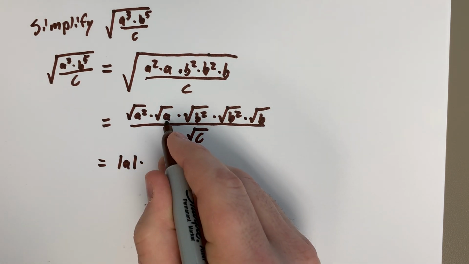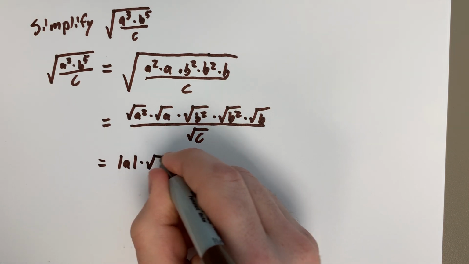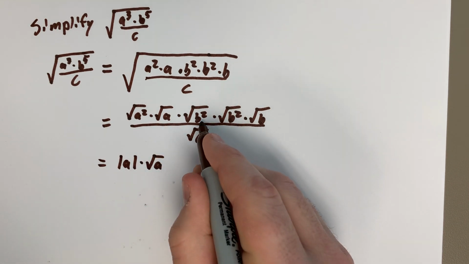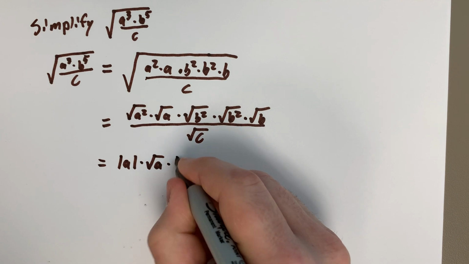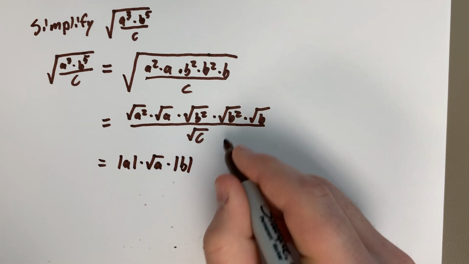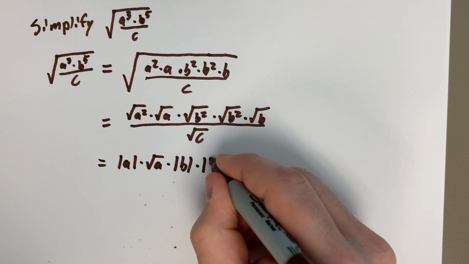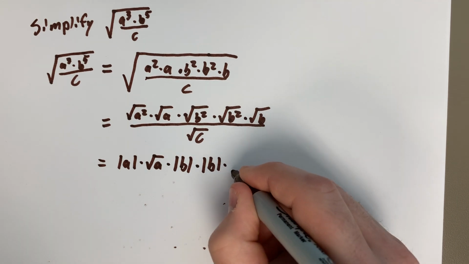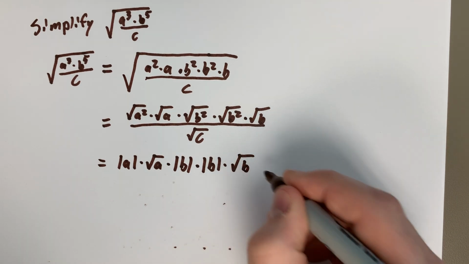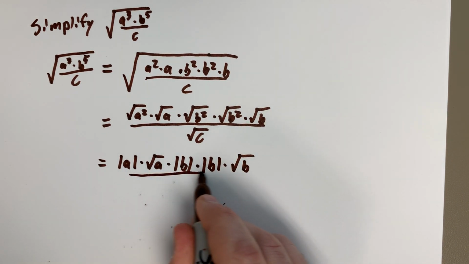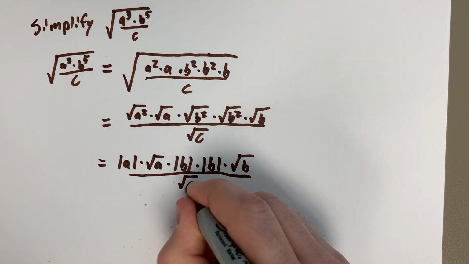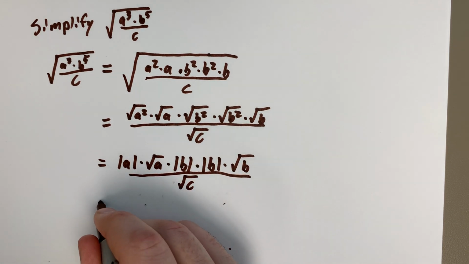Well, we have a square root of a here. Can't break down that a anymore, so we're stuck with square root of a. B squared square rooted. We need an absolute value of b. B squared square rooted. We need another absolute value of b. And we have this last square root of b here on the end. And this is all over c. Don't forget to carry along the things you're not working with immediately. Okay?